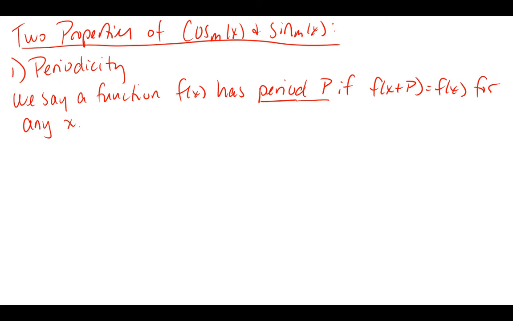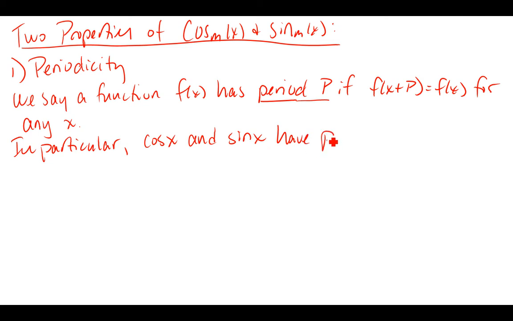Of course we know that trig functions, in particular just regular sine of x and cosine of x, have period 2 pi. I think we know that from way back when, that sine and cosine repeat themselves every 2 pi units.